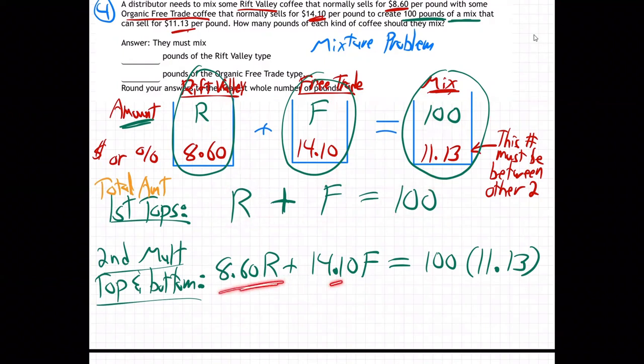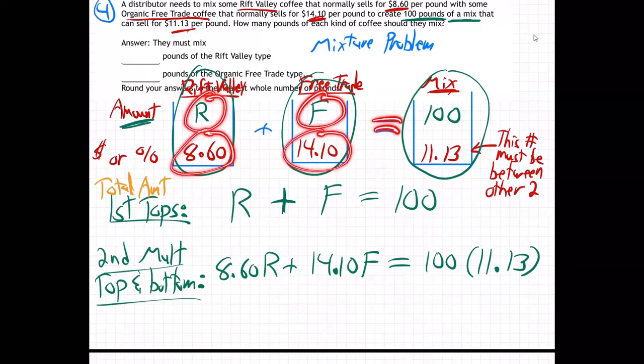What about the second? Why are we multiplying? That's about the price, right? If the Rift coffee is $8.60 per pound, then however many pounds R are times $8.60 per pound, plus however many pounds of free trade coffee, F, times $14.10 per pound, equals the total money that the whole mix is worth, which is 100 pounds of mixed coffee worth $11.13 per pound. So that's the total monetary value.